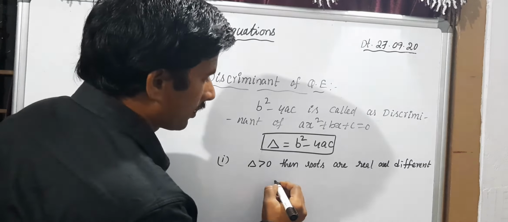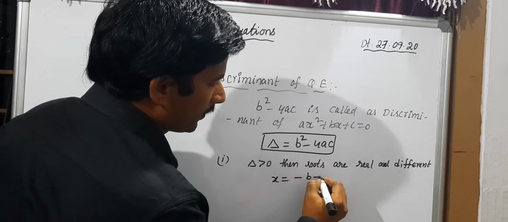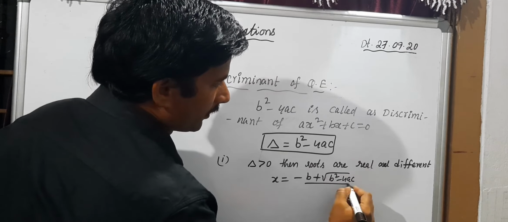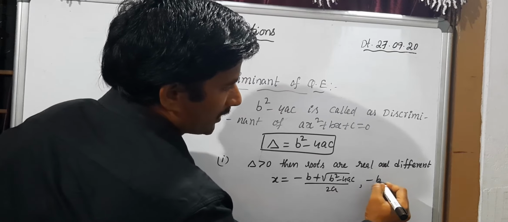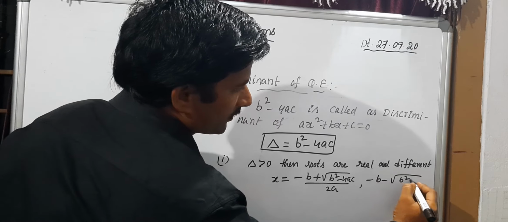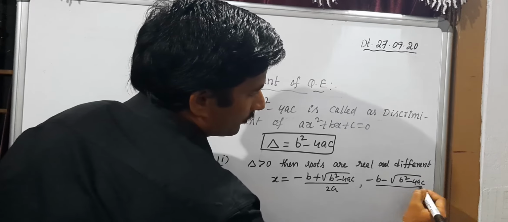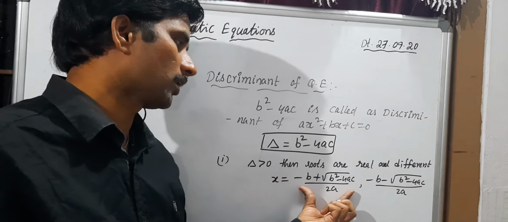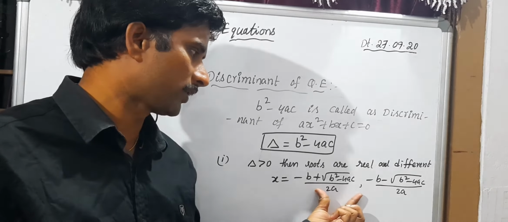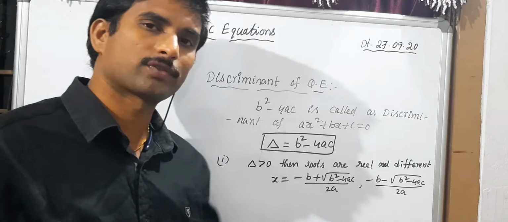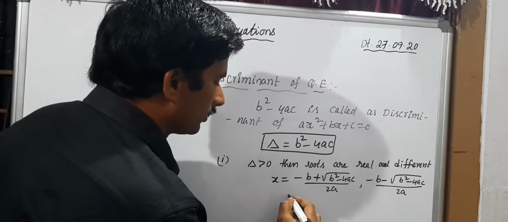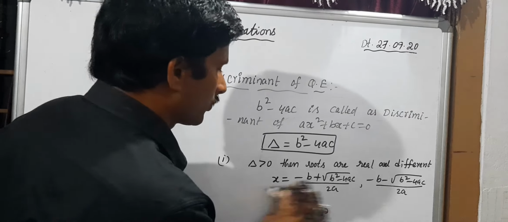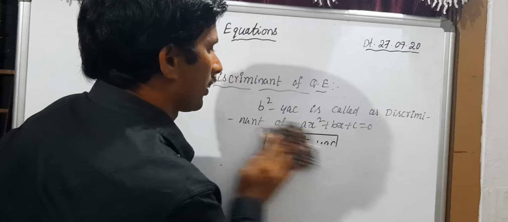Those roots are x equal to minus b plus root over b square minus 4ac by 2a, and minus b minus root over b square minus 4ac by 2a. The graph of ax square plus bx plus c equal to 0 represents a parabola.